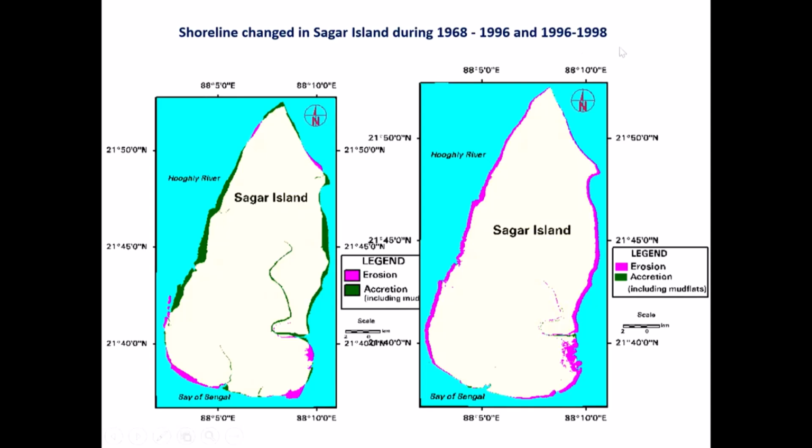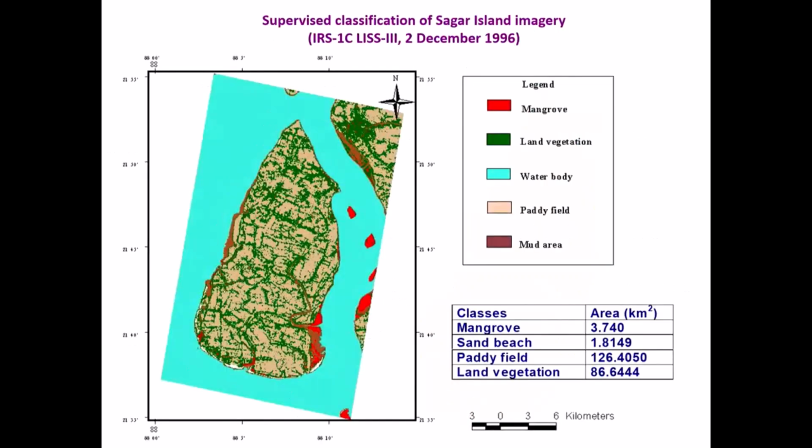So you can take the survey maps if satellite data is not available, and you can compare with proper geometric correction, registration, etc. Then you can find out the amount that is eroded and the amount where accretion has taken place. So satellite data helps you to study the erosion and accretion process.